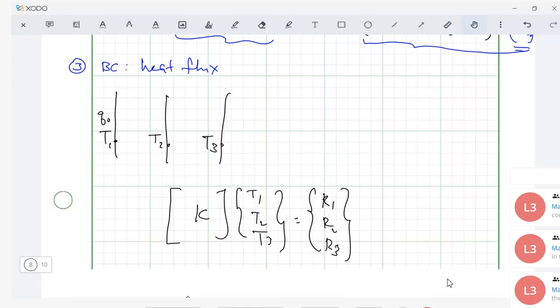In this case, our point load is just Q naught, 0, and 0, because Q naught is only applied at node number 1. So these are the three types of boundary condition that we have for heat transfer problem.